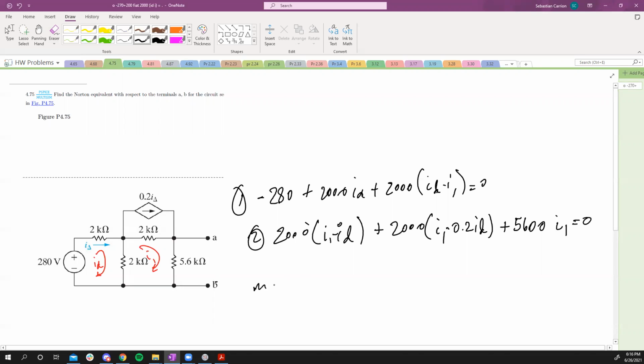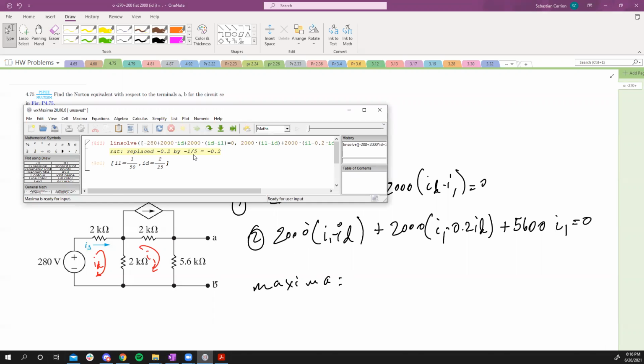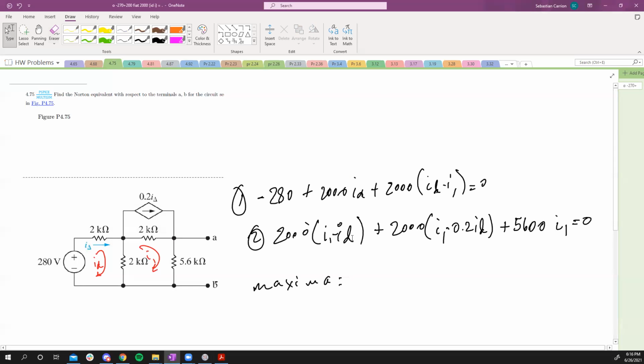And then we can just plug this in. And we have I1 equals 1 over 50, and ID is equal to 2 over 25.